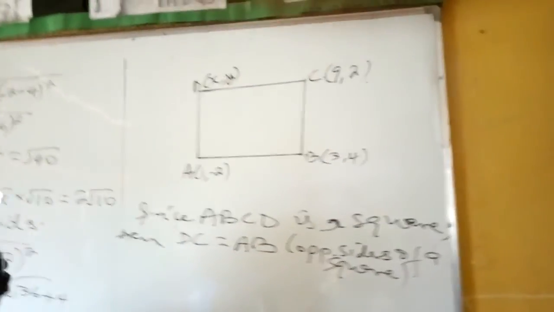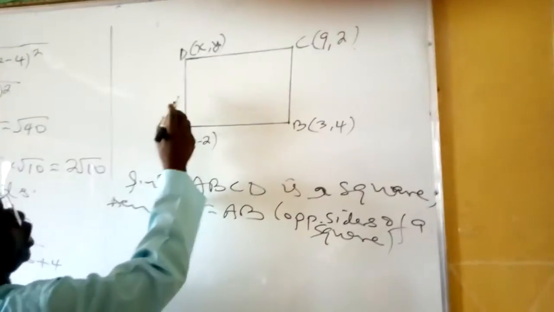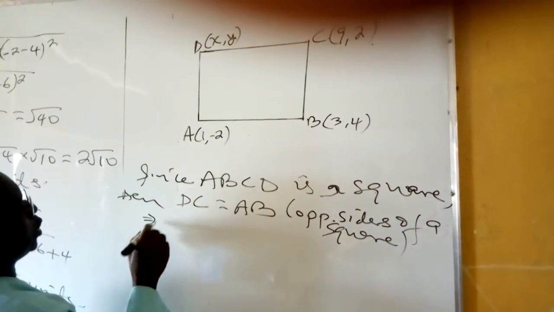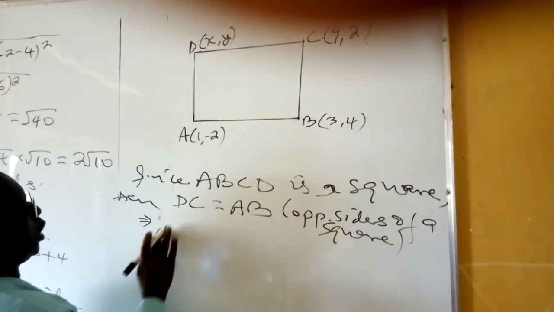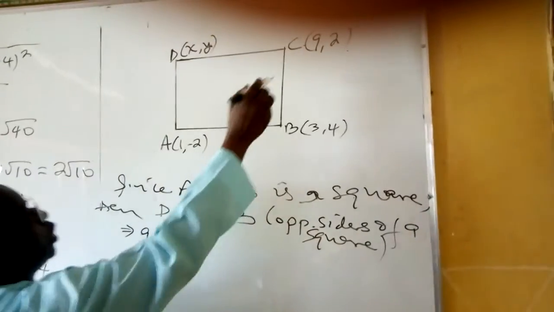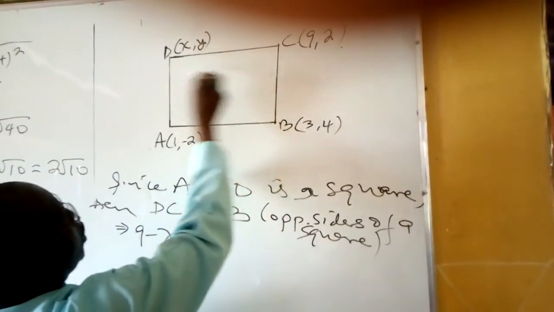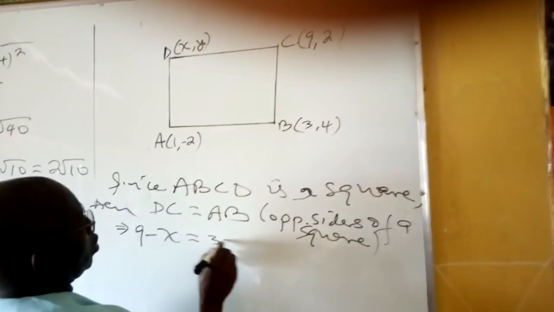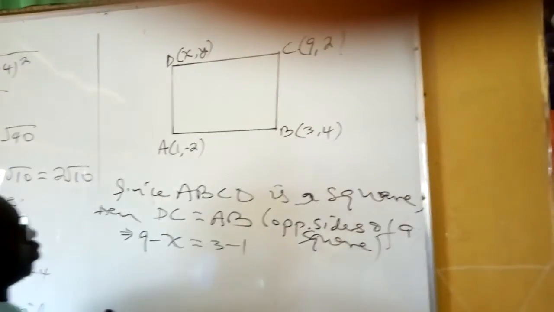So now, if that is the case, it means that 9 minus x, that is along the x-axis, is equal to this 3 minus 1.